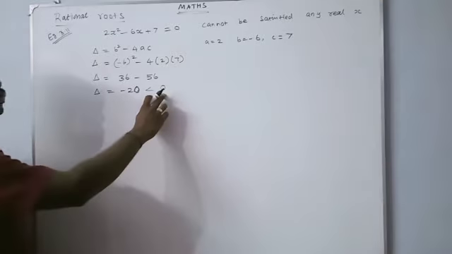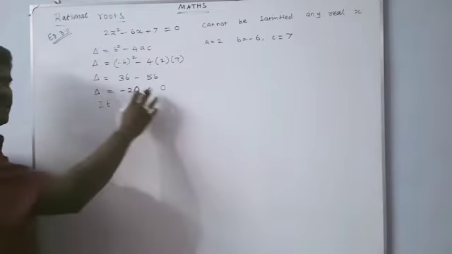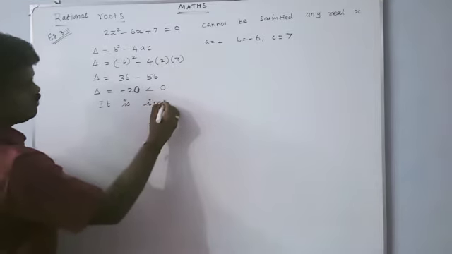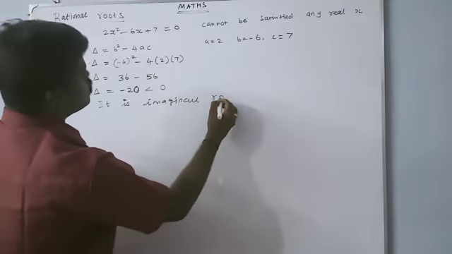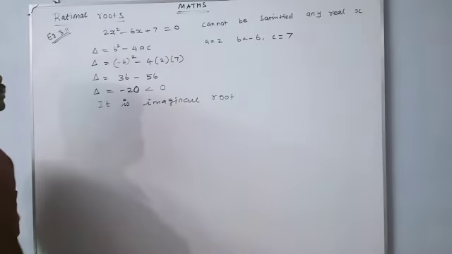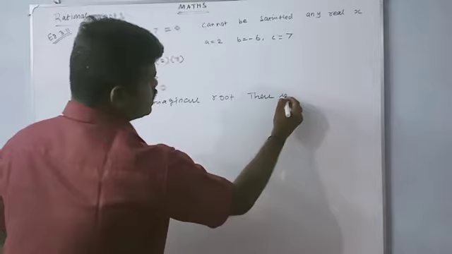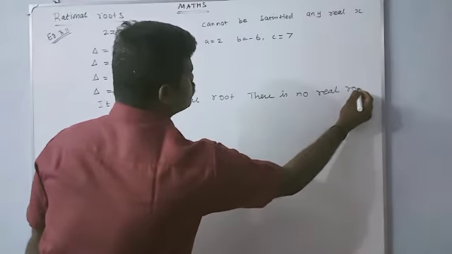This is less than 0, which means what? If delta is less than 0, it is an imaginary root. So there is no real root.